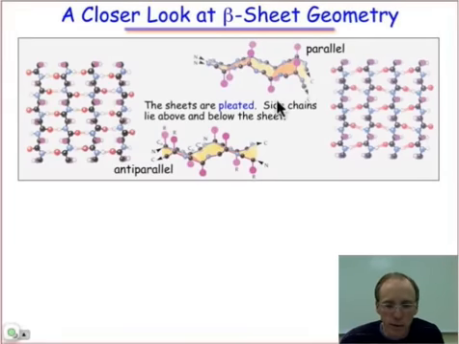The parallel and anti-parallel beta pleated sheets have adjacent residues whose side chains project above and below the plane. Here you can see the alpha carbon and its side chain on one residue. If we travel along to the adjacent residue, the alpha carbon and its side chain are projected upward. And so there's going to be a puckering of the sheet.